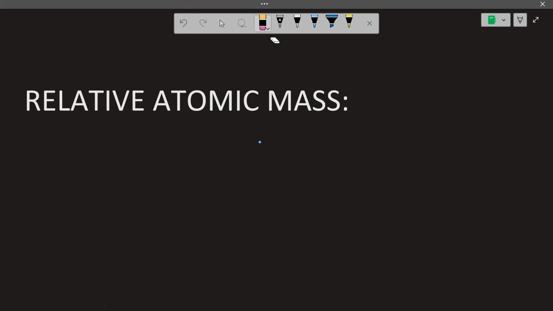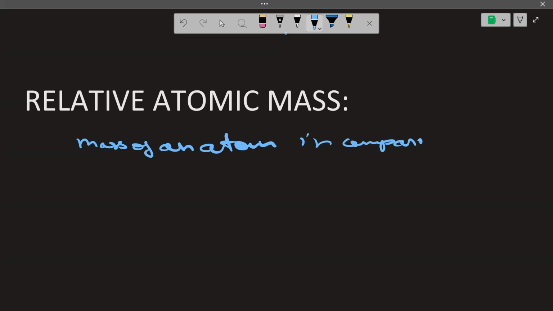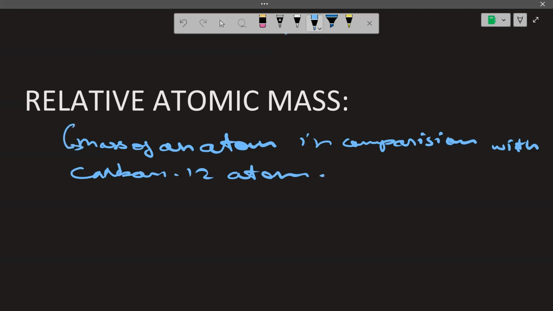So basically, it's a mass of an atom in comparison with the carbon 12 atom. Okay, so this is the definition of relative atomic mass.